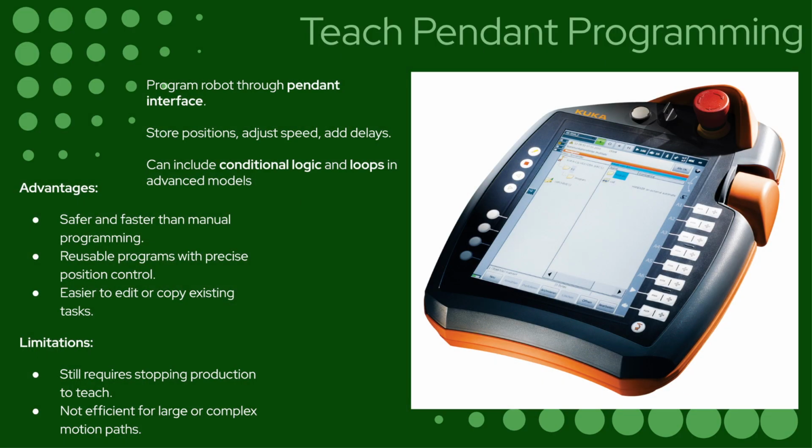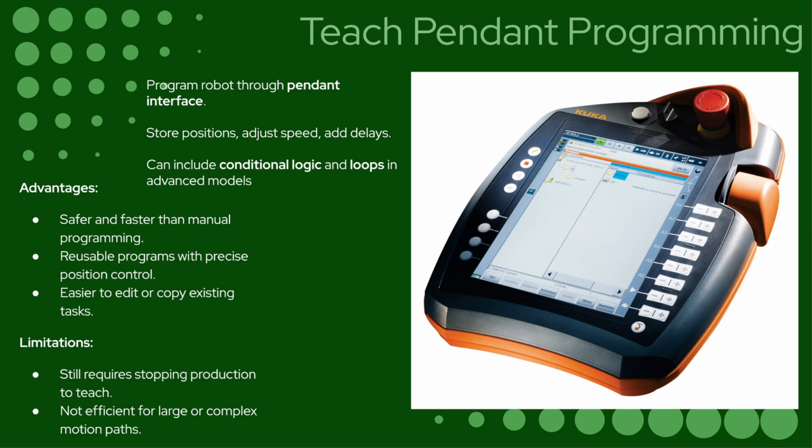Then you have your focus on the teaching pendant. So again, teaching pendants are still widely used in factories today. Operators can move the robot via a handheld controller, like this one. It will store each position and you can adjust its parameters on things like speed or delay.